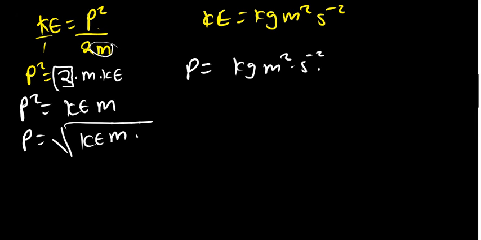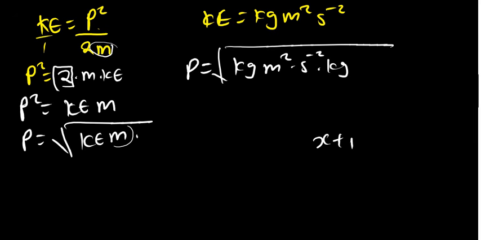Then again the mass, which is also in kg, but everything is in square root. Now square root, if I have x plus 1 in square root, this is the same as x plus 1 to the power half.